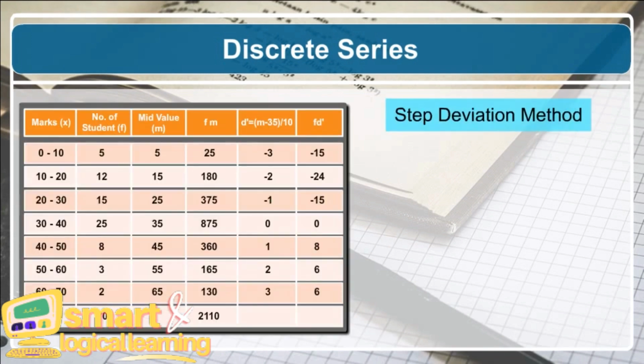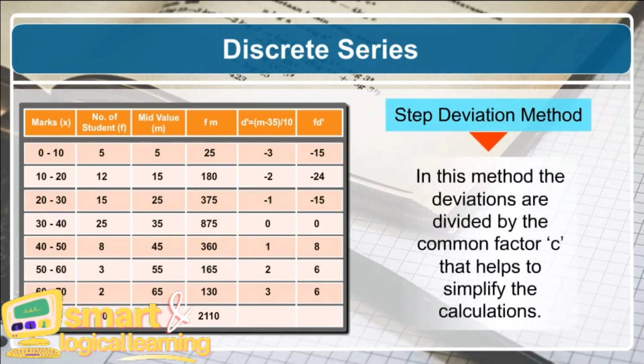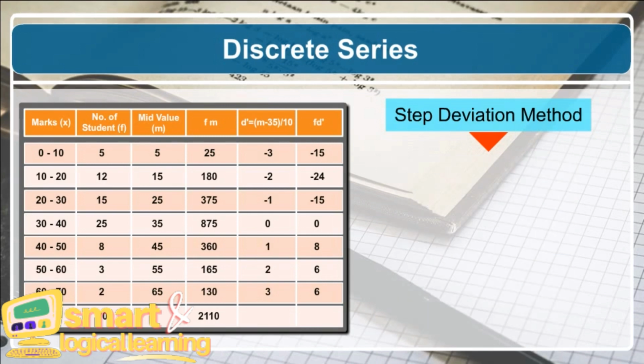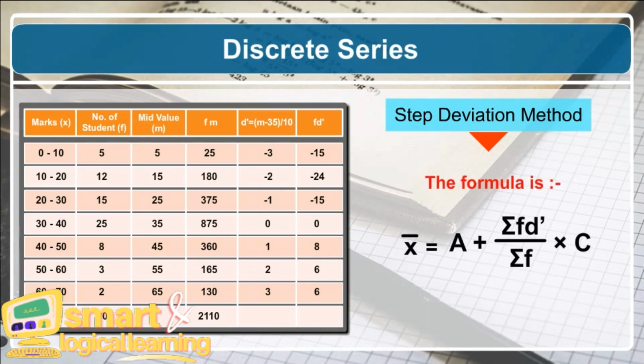Step deviation method. In this method, the deviations are divided by the common factor c that helps to simplify the calculations. The formula is x bar is equal to A plus summation fd dash upon summation f into c.